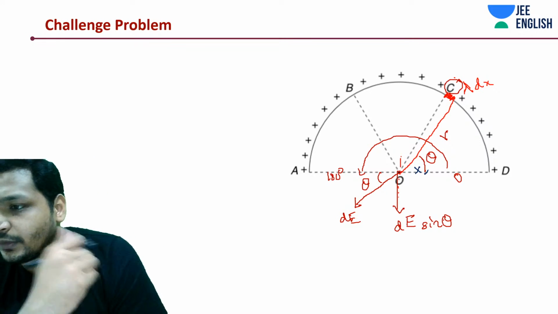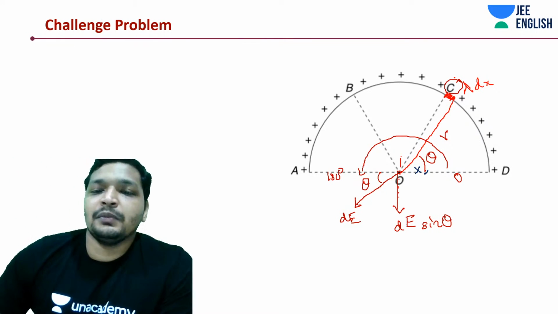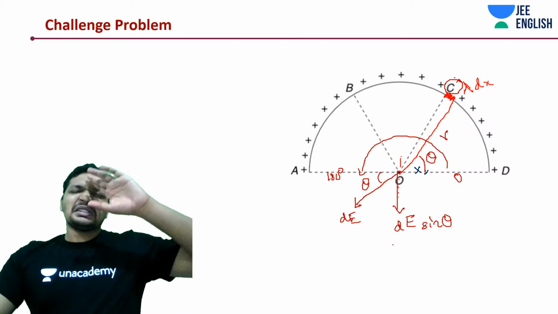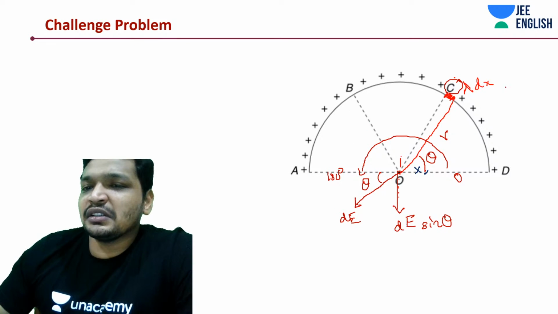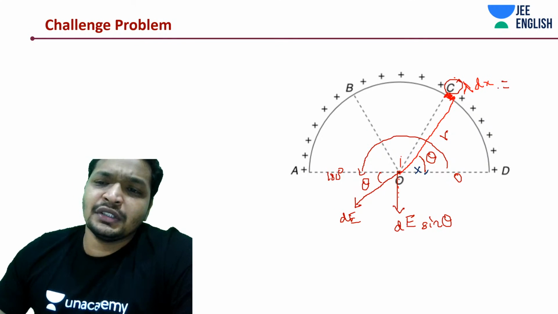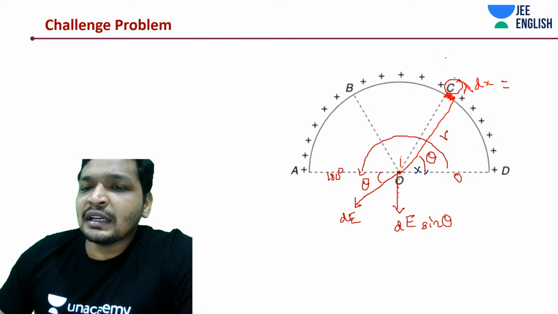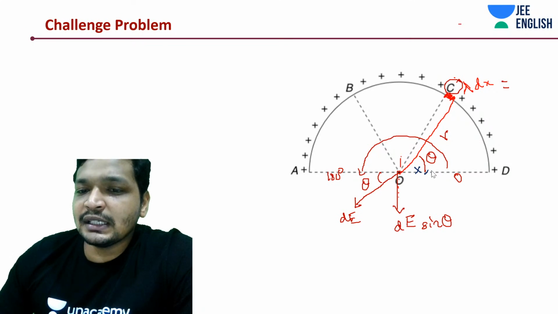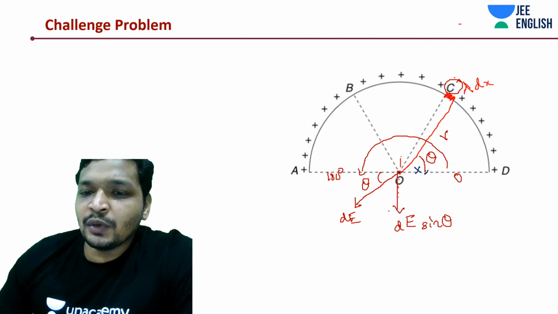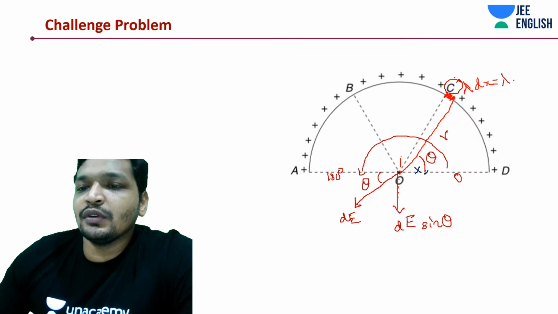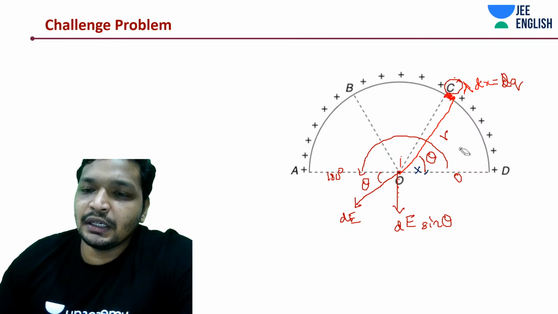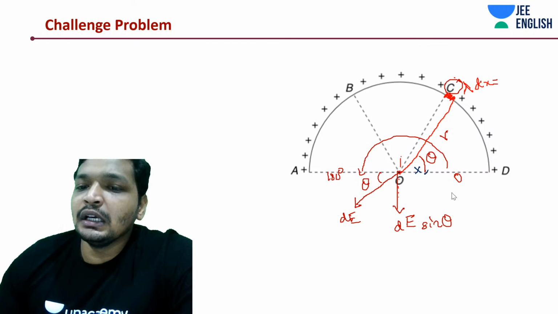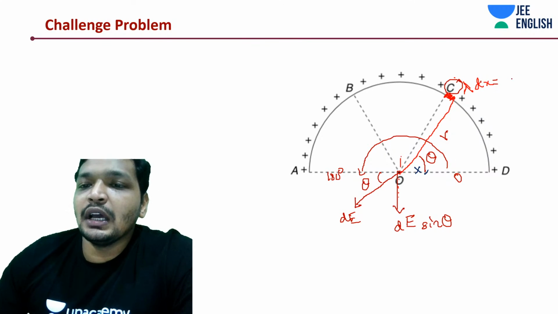Okay. Now, how do you work around this problem? This is simple. Actually, this problem is the simplest problem, guys, and this is also the most asked one. Literally, I've seen it three or four times, in different kinds of combinations. So let's first of all analyze one thing. I said lambda into dx is the element. So this is the kind of charge that is present. But anyway, we will do one thing to make our lives easy. This is going to be dq. Sorry. Write it down. This is dq for that field dE. So this is the charge for that field.